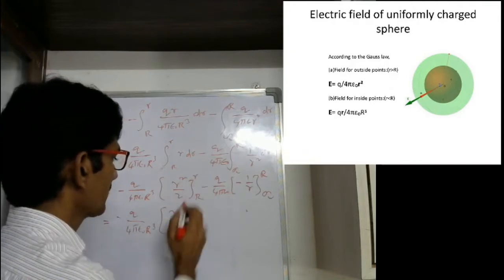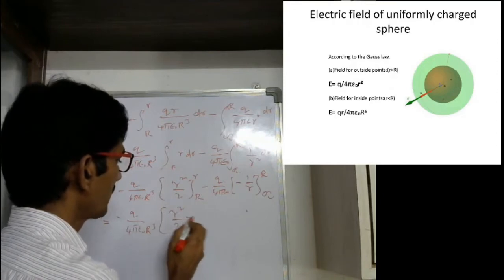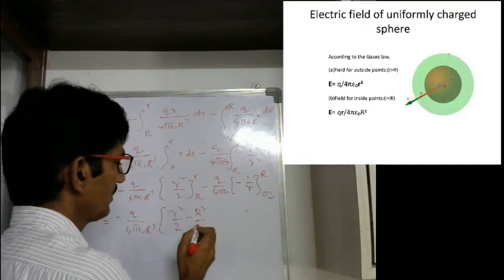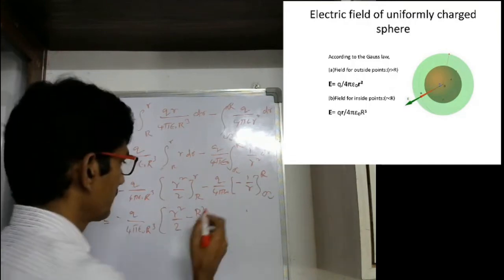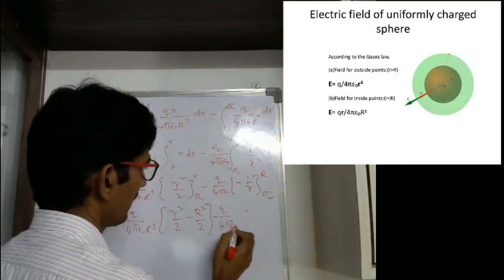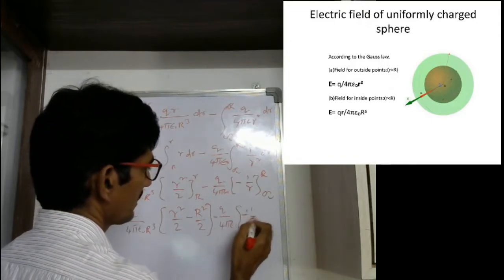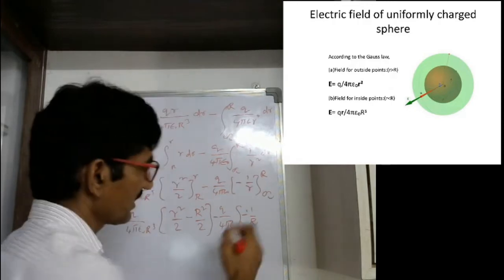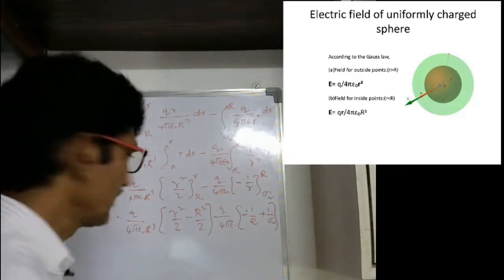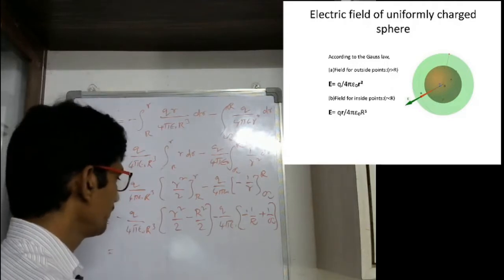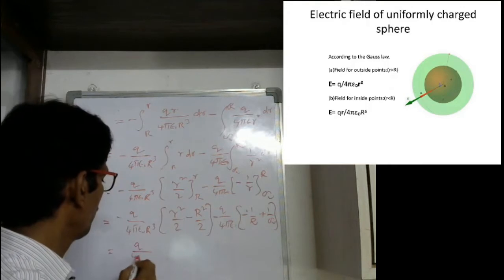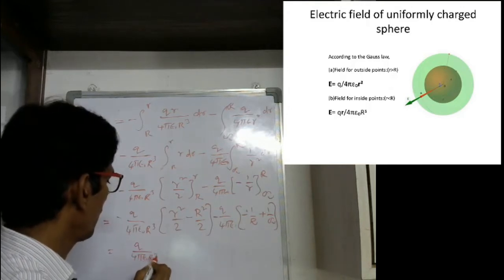Okay. After substituting small r, you have r square by 2. After substituting capital R, you have capital R square by 2. Okay, this is over. Next, q by 4 pi epsilon naught, minus 1 by r, minus of minus plus 1 by infinity. Okay, now this is equal to q by 4 pi epsilon naught r cube.